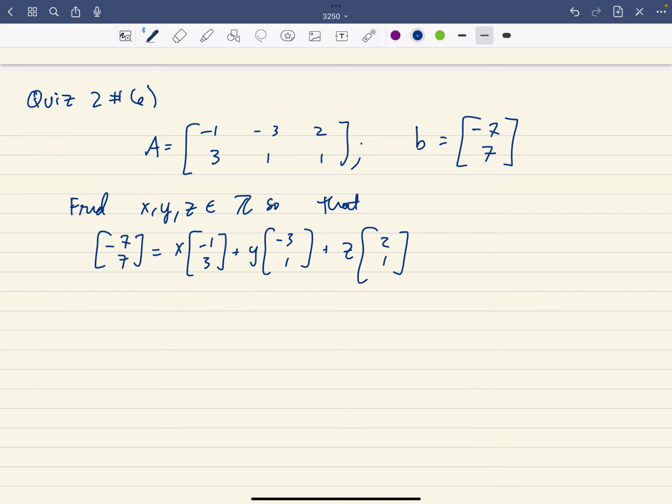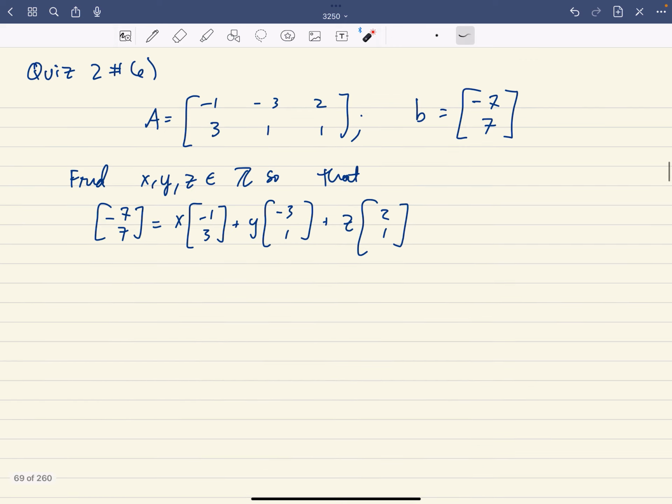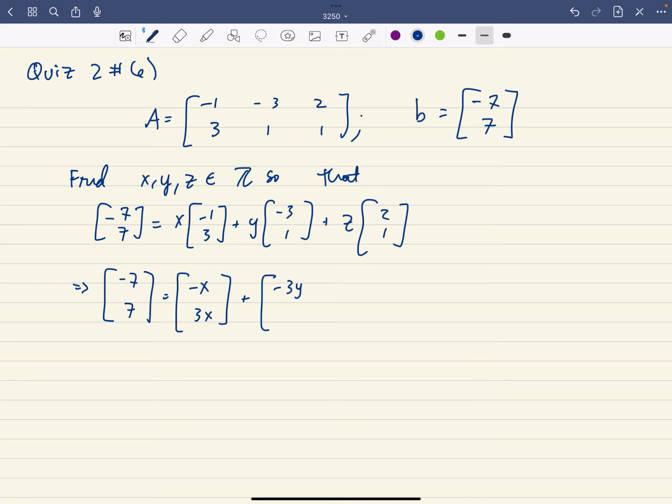So that's our goal. And if you take these constants and distribute them through the matrix, you're just taking a matrix times a constant, you would end up with -7, 7 is equal to -x, 3x plus -3y, y plus 2z, z.